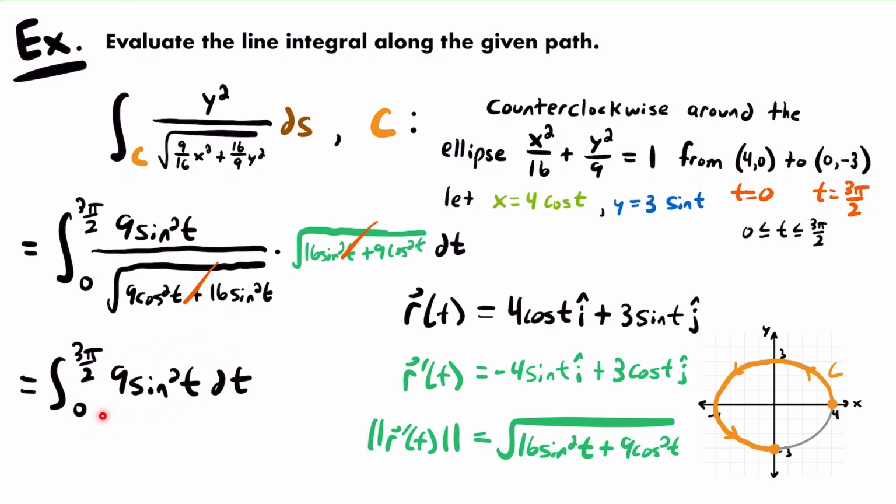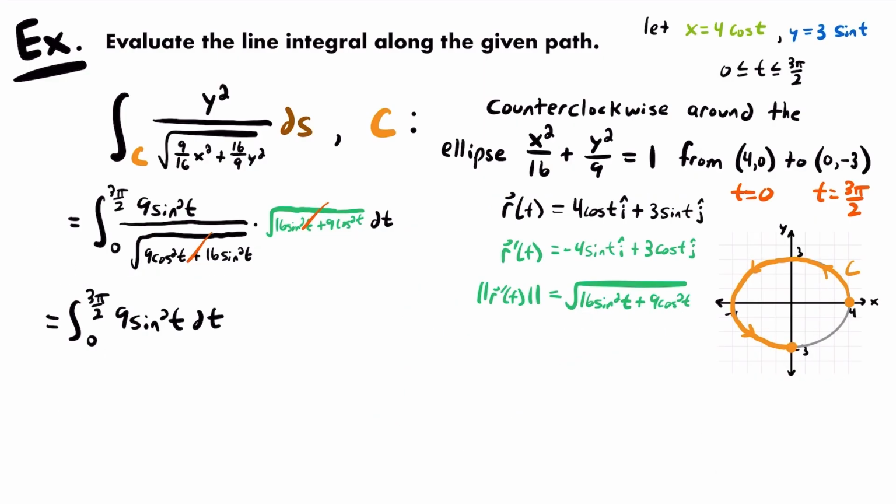We learned how to evaluate this in calculus 2. So let's work on that now. Remember that in order to integrate sine squared t, what you need to do is rewrite it using a particular trig identity. It looked like this. I'll start by pulling that 9 out to the front. We have 9 times the integral from 0 to 3 pi divided by 2 of sine squared t, which we'll rewrite with 1/2 times 1 minus cosine of 2t dt.